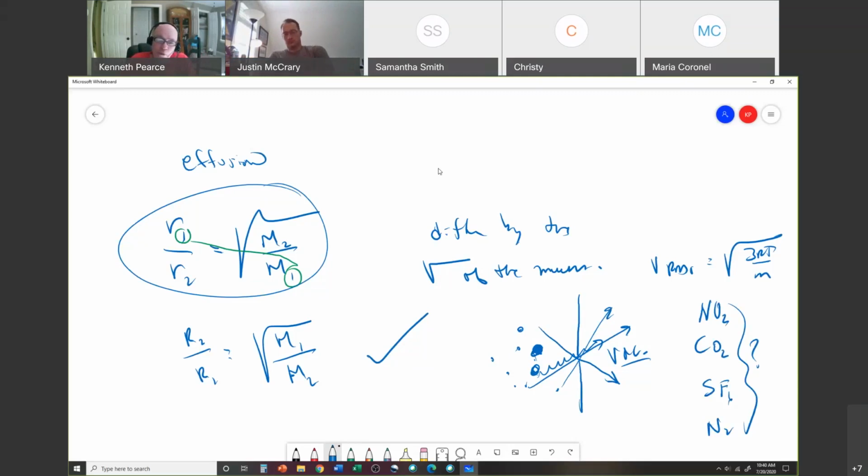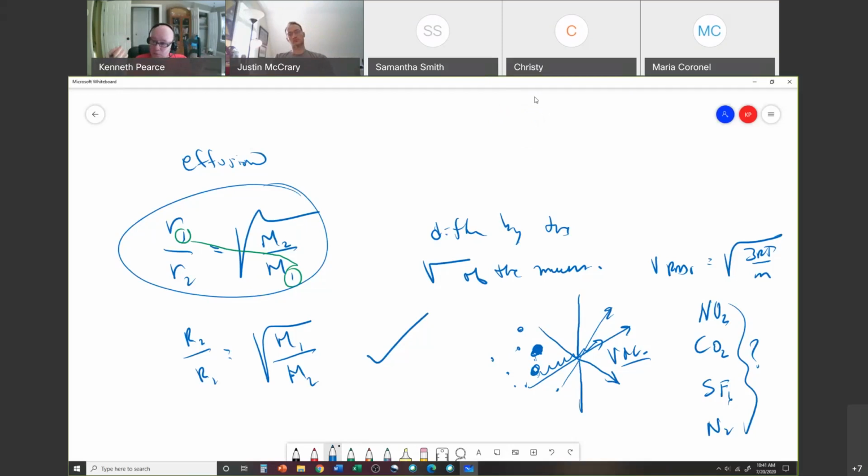Now, from a practical standpoint, there was a method of separating out different isotopes of uranium, U-235 and the other. One of them goes bang and the other one doesn't.